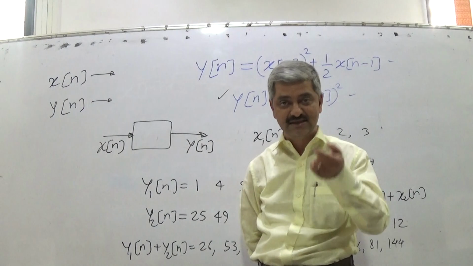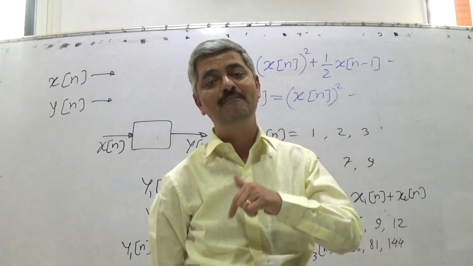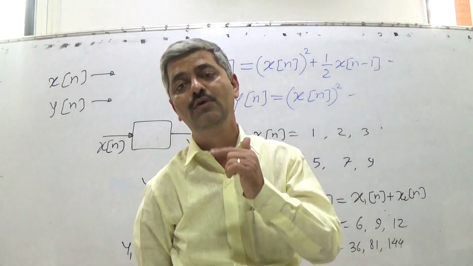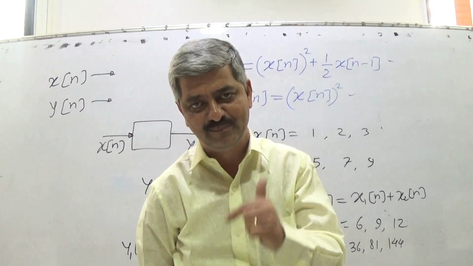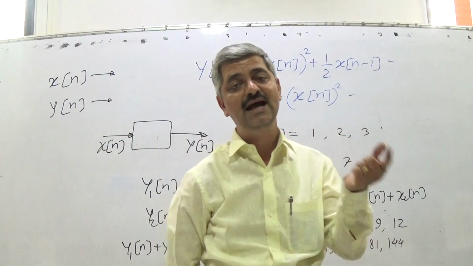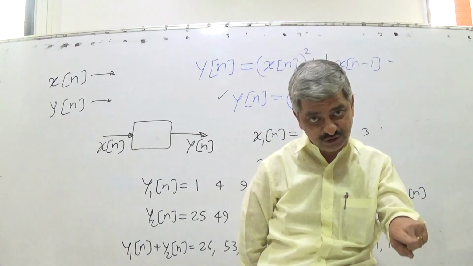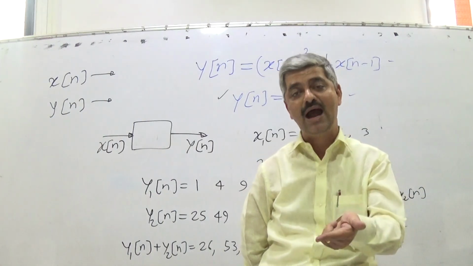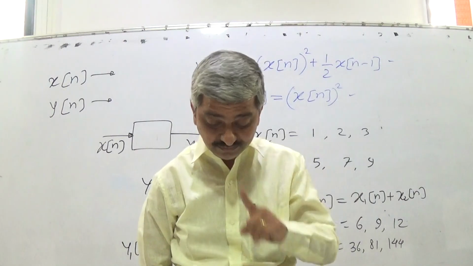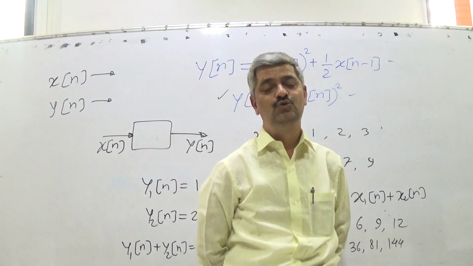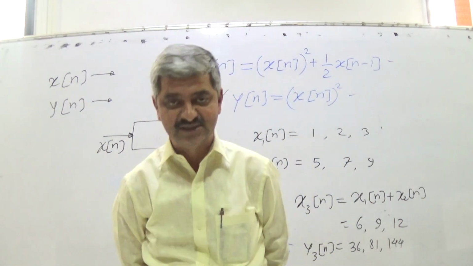And if the system is linear, then when a linear combination of inputs is applied to the system, the output is the same linear combination of the output sequences which I would have got by applying the inputs individually.